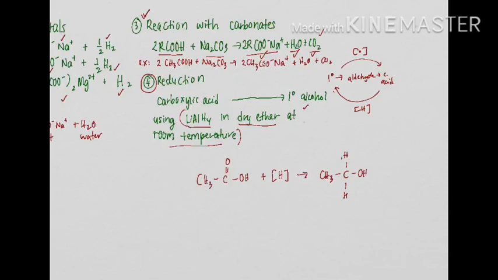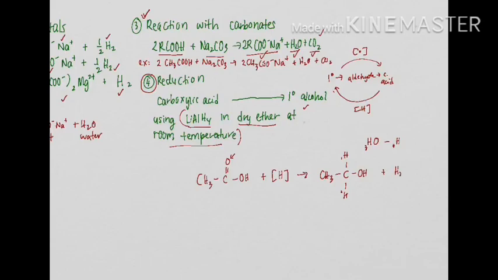That's 1 hydrogen, 2 hydrogen. What happened to this O? The O will come out, and you will have another hydrogen, hydrogen number 2. So you have OH, and then you need hydrogen number 3 and hydrogen number 4 to give you water.